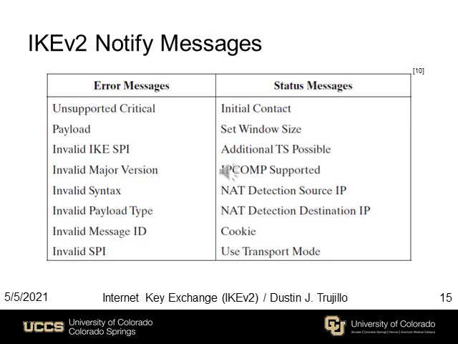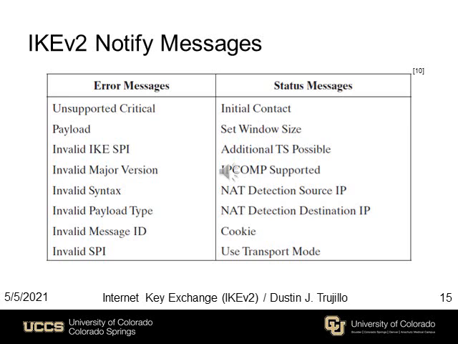As promised, let's elaborate a little bit on the notify payload type mentioned on the previous slide. As you can see from this slide, the following table lists all of the IKEv2 notify messages. It is important to note that these messages are broken up into two categories, error messages and status messages.